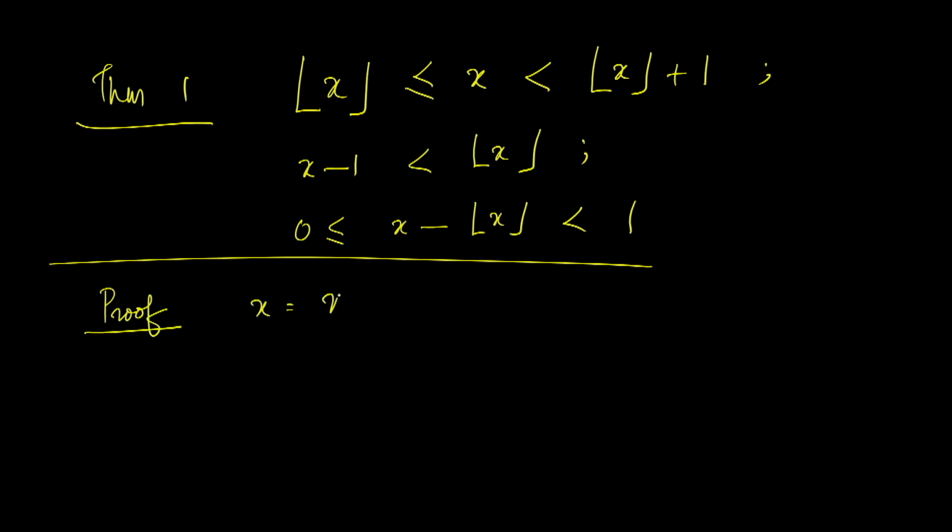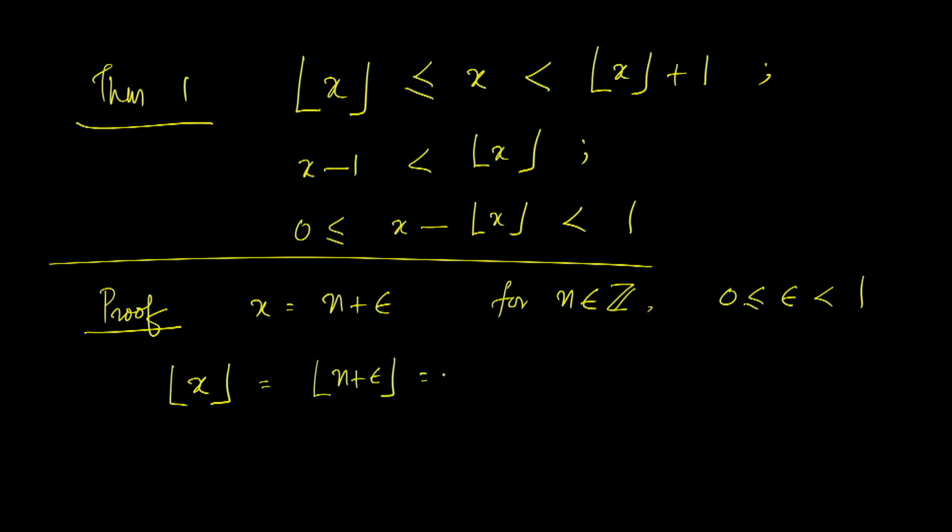suppose x is n plus epsilon for an integer n and an epsilon between 0 and 1. Epsilon could be 0, but epsilon is less than 1. Then the floor of x is the floor of n plus epsilon, which is n. This is less than or equal to n plus epsilon naturally, because epsilon is between 0 and 1, but this is what x is.